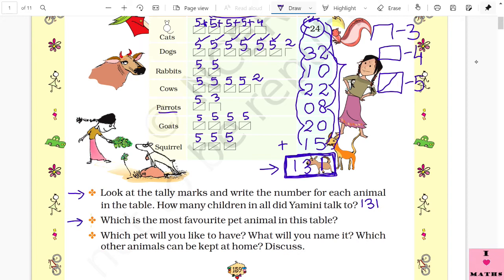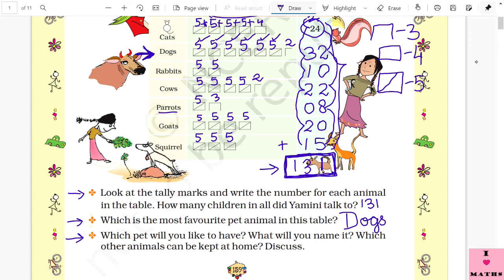Okay, now this question, which is the most favorite pet animal in this table? Just by looking at these numbers, we can make out that dogs are the most favorite pet animal in this table. So we will write here dogs.